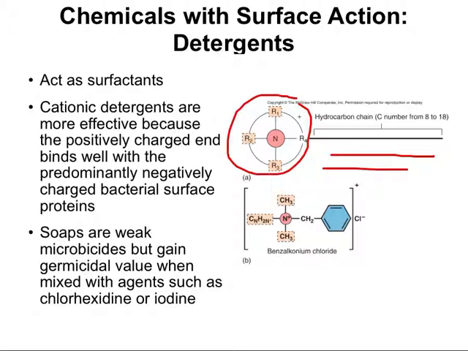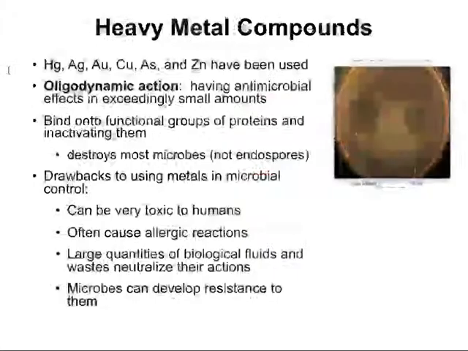So these amphipathic molecules are able to very easily disrupt cell membrane. However, they have a greatly reduced activity in the presence of organic materials, so excess saliva, pus, serum, and so forth. Now, soaps are weak microbicides, but they gain much more germicidal value when they're mixed with other agents, like chlorhexidine or iodine.